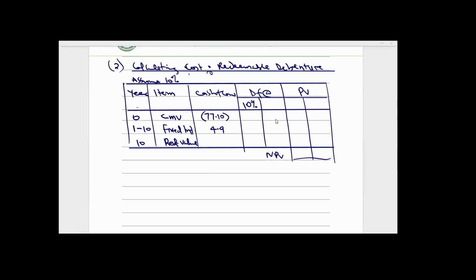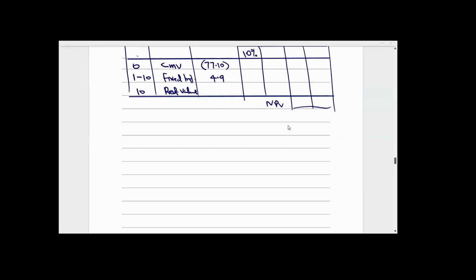You said the examiner might say the tax is paid in arrears or in the current year. If it's paid in arrears, how are you going to solve it? It's very simple. Say, for example, I want to calculate the annuity factor of year 1 to 10. If tax is paid in arrears, that means there's a 1-year lag. Instead of starting from year 1, you add an additional year because you are not paying it in the current year.